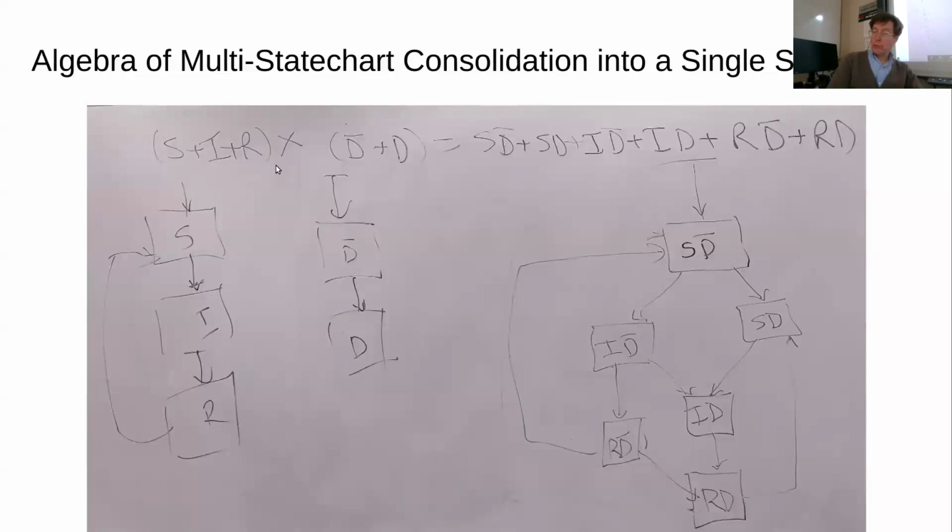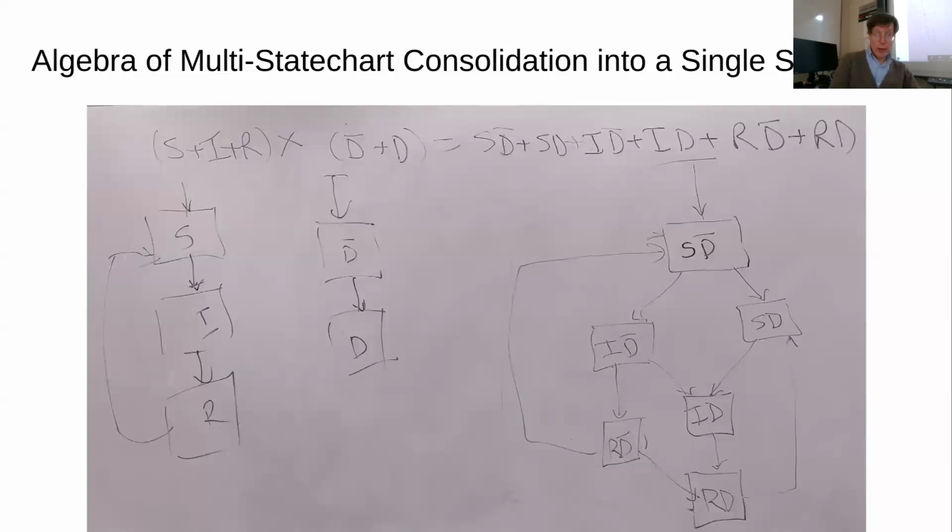is the states for that parallel combination are given by the product of these. The product of these sums. And products in this state chart algebra distribute, just like products if we have products of sums of real numbers or natural numbers.